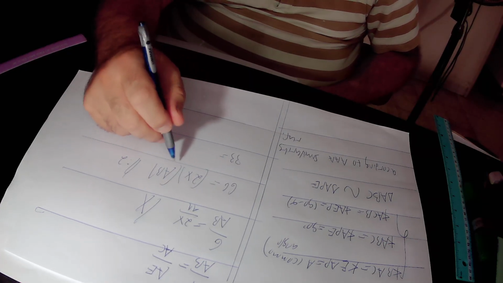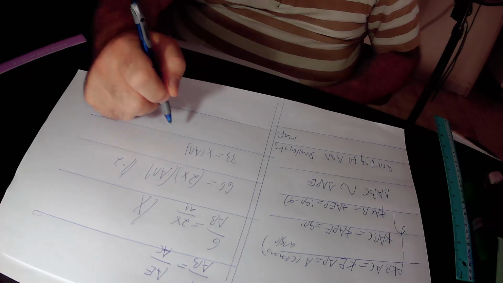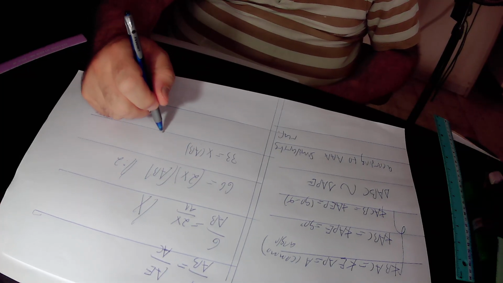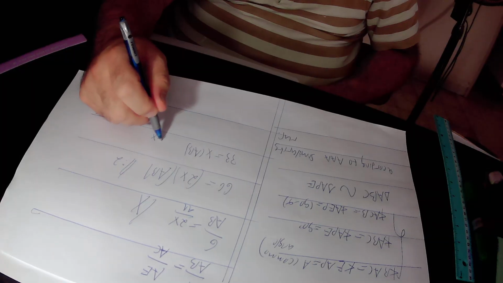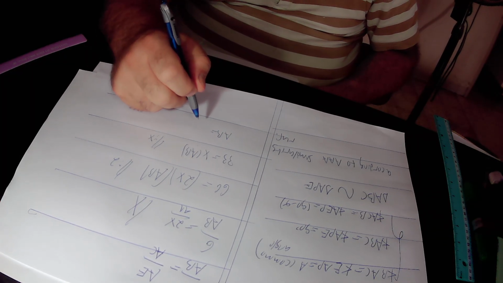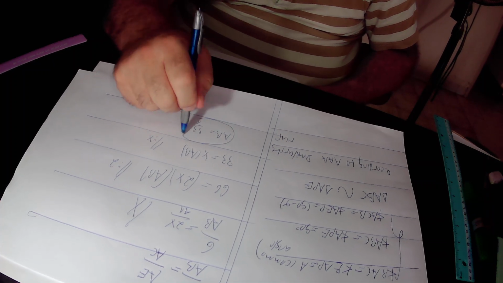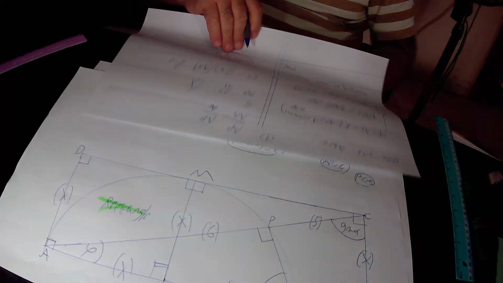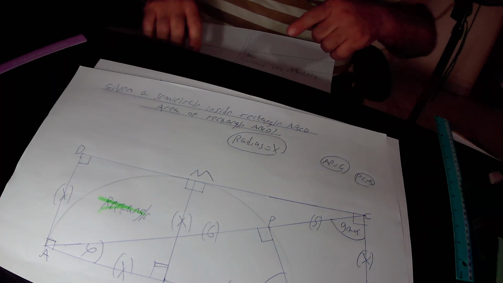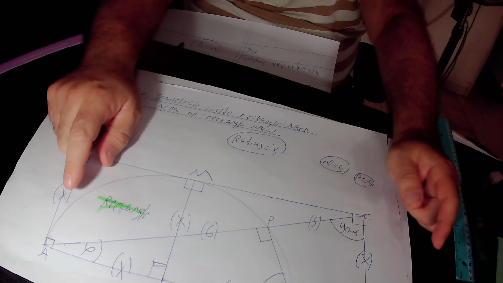So in total, this expression equals x times AB. So here we divide this equation by x, and finally we get that AB equals 33 over x units. This side AB equals 33 over x units.